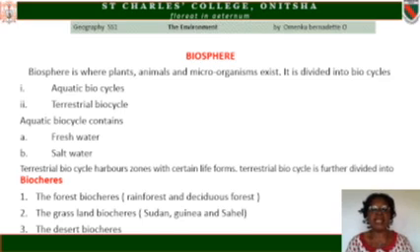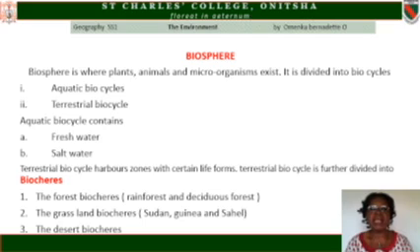Both of them are aquatic biocycle. Then we go to terrestrial biocycle, which harbors zones with certain life forms. Terrestrial biocycle is further divided into biocores. This terrestrial biocycle will mean the plants we can see on the lithosphere. Then the biocores we can see within the terrestrial biocycle are of 3 types. 1, we have the forest biocores, which is made up of rainforest and deciduous forest.